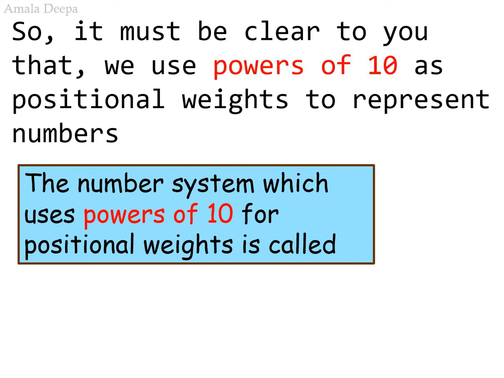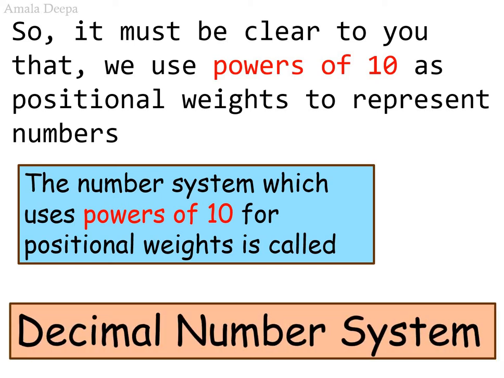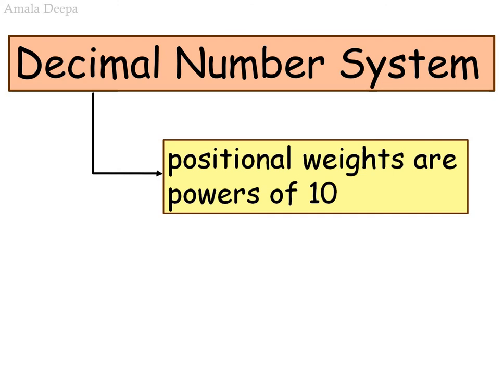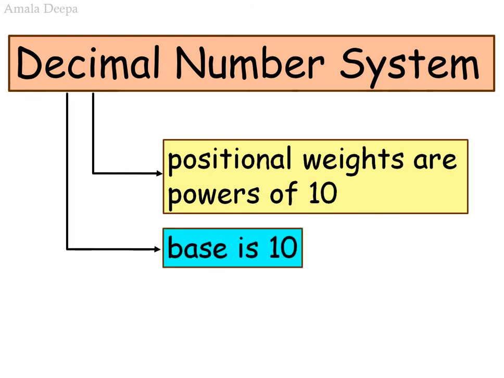The number system which uses powers of 10 for positional weights is called decimal number system. In decimal number system, the positional weights of each of the digits are powers of 10. Its base is 10.